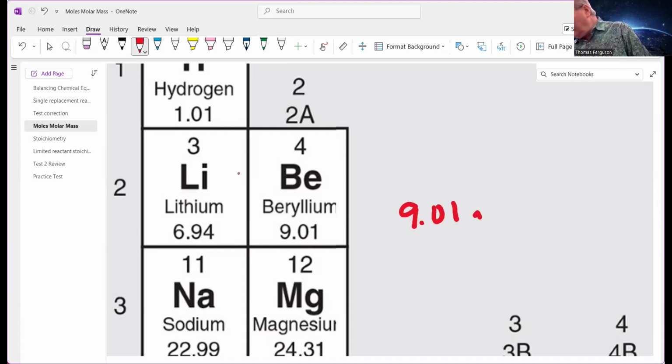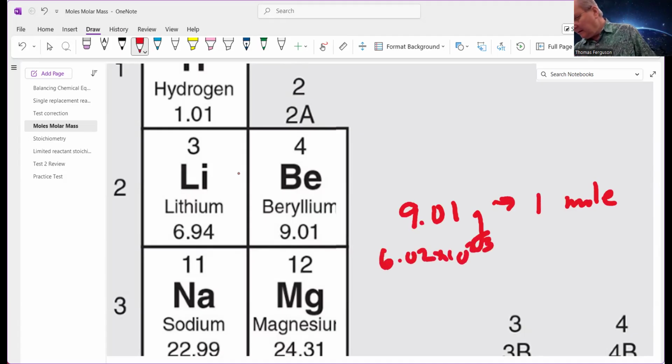If we put 9.01 grams of that on the scale, that's equal to 1 mole. If we counted the atoms of beryllium, we'd have Avogadro's number of them, 6.02 times 10 to the 23rd.